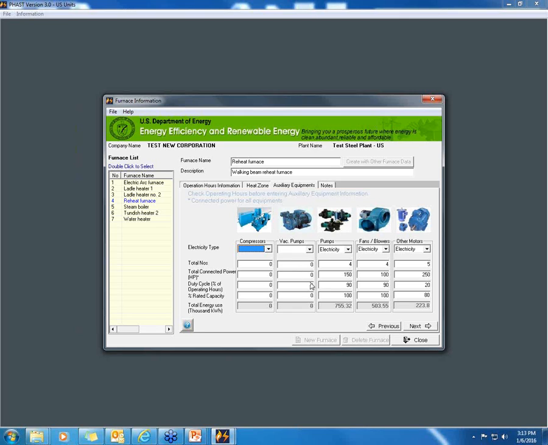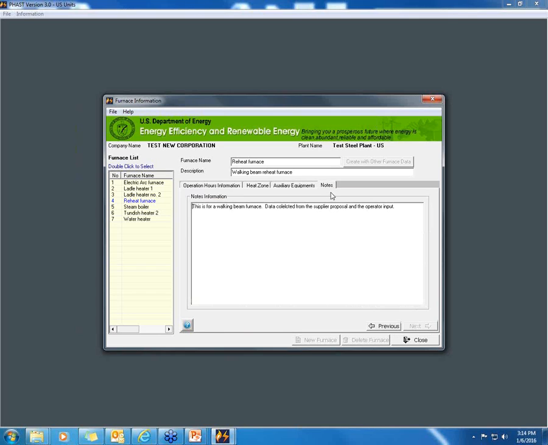Then the tool quantifies the total energy used by that auxiliary equipment. The last tab is notes. Whatever notes you would like to enter regarding this particular equipment, you enter here. In this case, I'm saying this is a walking beam furnace, data collected from the supplier, proposal, and operator input. Done. So that is the reheat furnace.